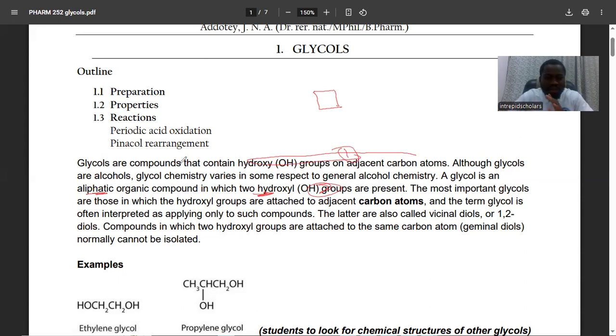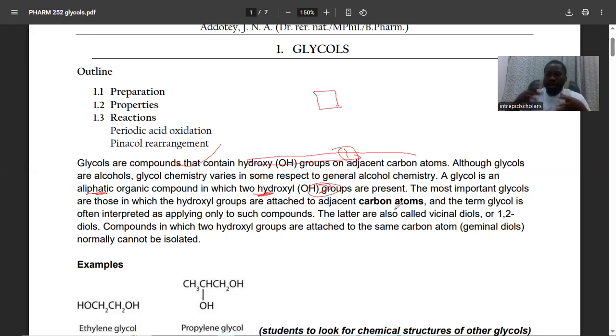The reason why we pick the first definition is explained in the next statement. The next statement says that the most important glycols are those in which the hydroxyl groups are attached to adjacent carbons. Now, because we are concerned about practicality, we are not looking at just defining glycols, but we are looking at glycols that are important to us as pharmacists or as chemists, right?